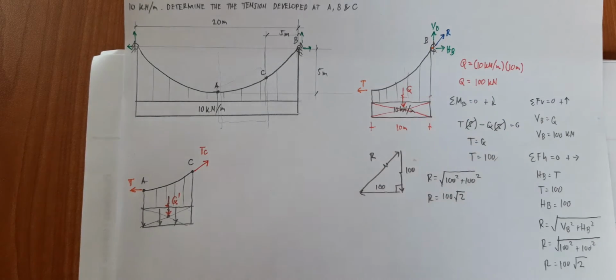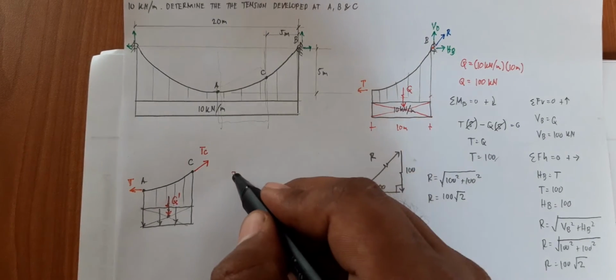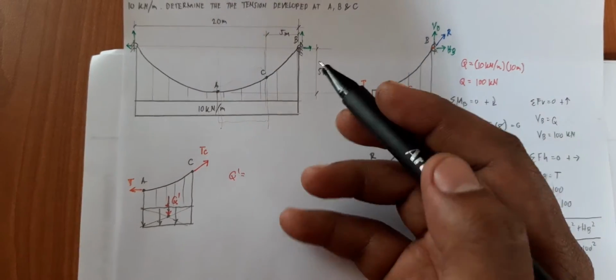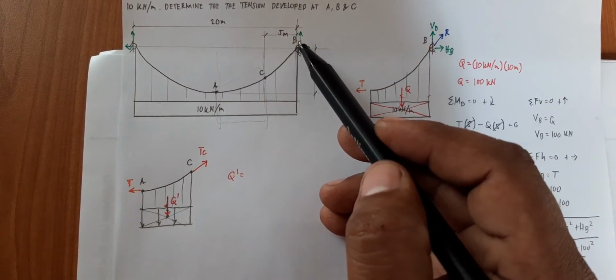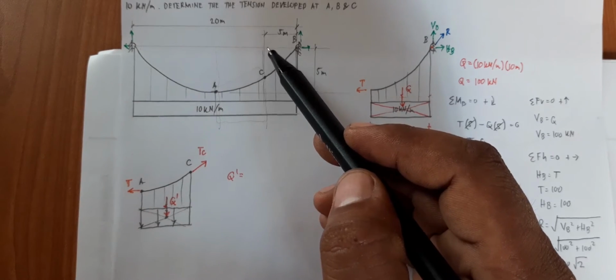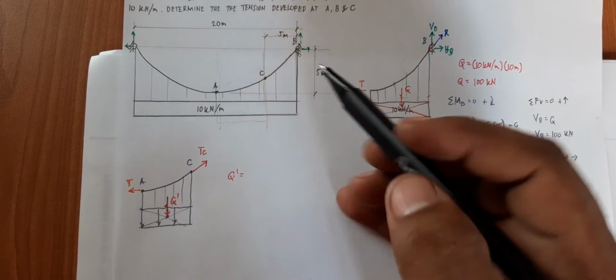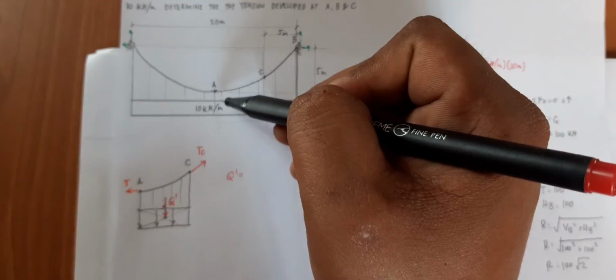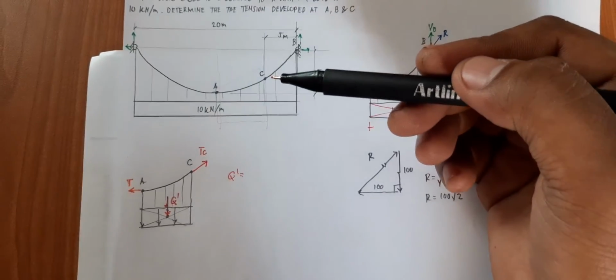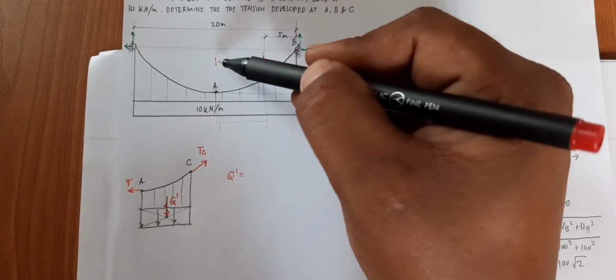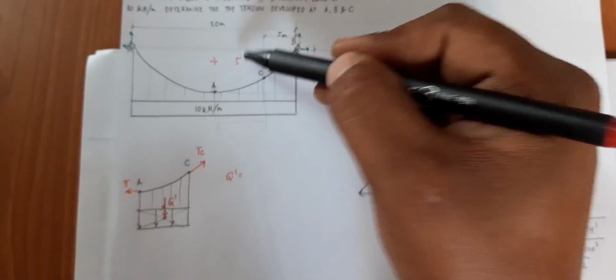So Q prime in this particular case is how much? Going back to the figure, you have here 5 meters with respect to B. A is 10 meters with respect to B. Since that one is the midspan of the span, then you can conclude that this one to this one is also 5 meters.